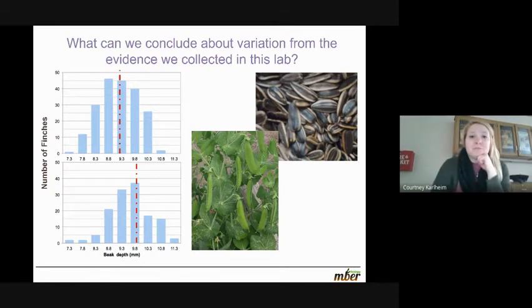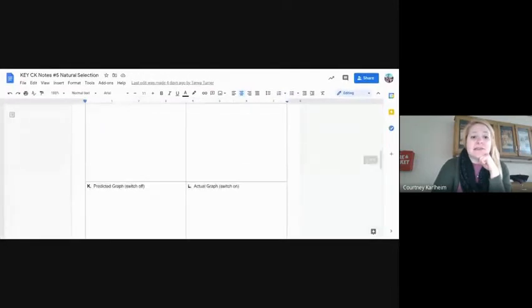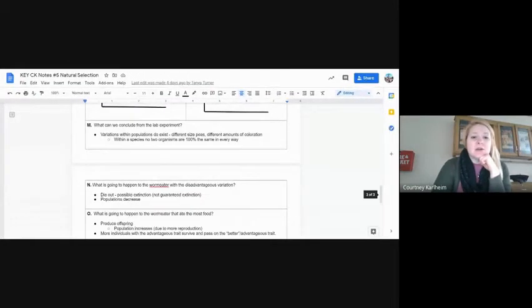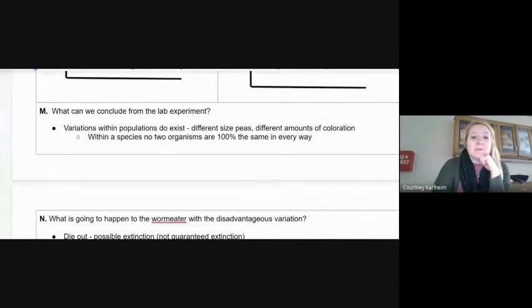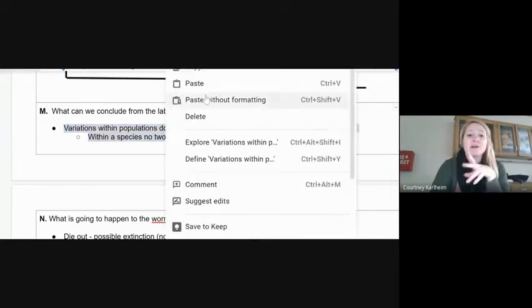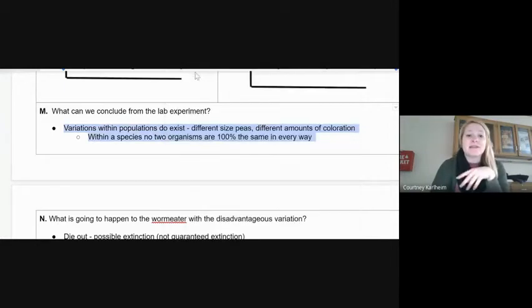Awesome. So in our notes, what we should have written, I'll still write it in the box in case you didn't get to this, was box M. Variations do exist within a population, like different size peas, different amounts of coloration. I talked about the bird beaks being different sizes. And within a population, no two organisms are 100% exactly identical.